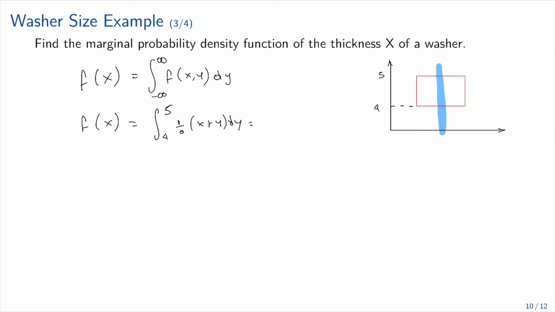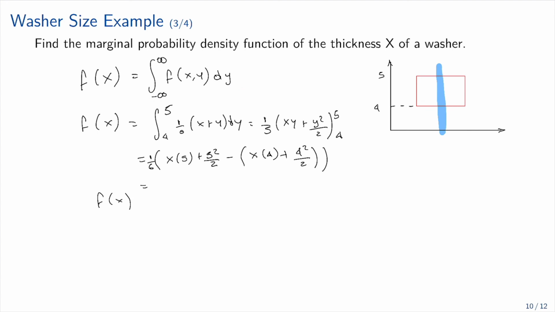Developing this integral, we have 1/6 times the integral of x, which is xy, plus the integral of y, which is y squared over 2, with limits between 4 and 5. Once simplified, we obtain that f of x is equal to 1/6 multiplied by x plus 9 over 2.